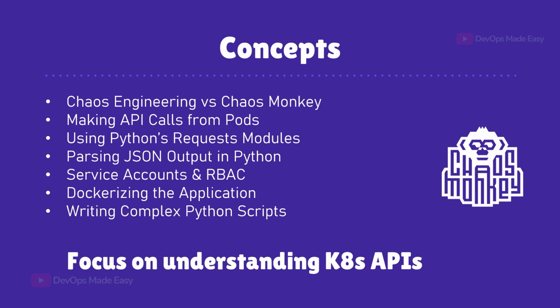Of course, we have many Kubernetes client libraries written in Python and Go, and they are very easy to use to understand and develop any application. But in order to understand how these APIs work, we need to understand how to write and make API calls from scratch. So this is what we are going to do. We are not going to rely on any client libraries. We are going to develop everything from scratch by writing core API calls.